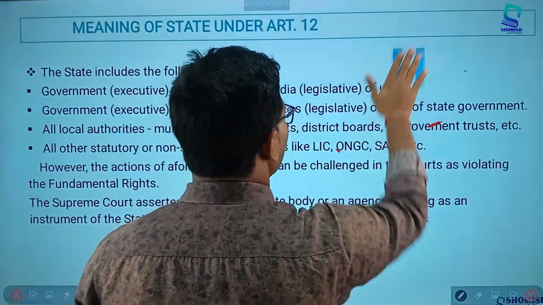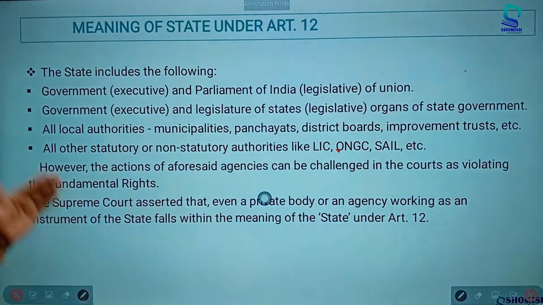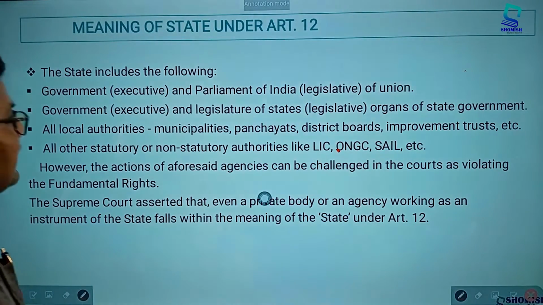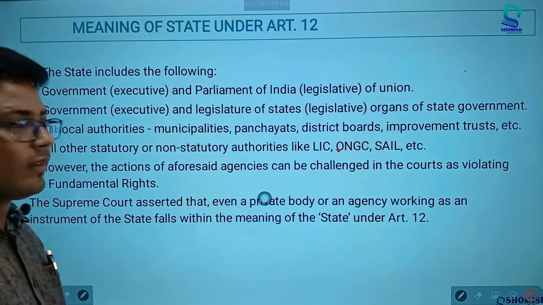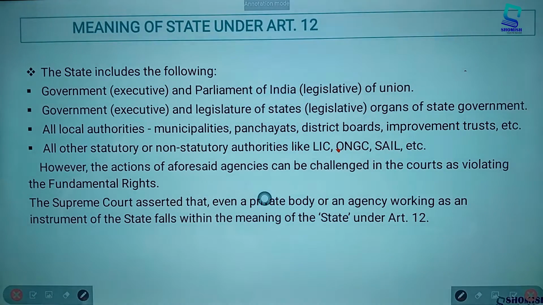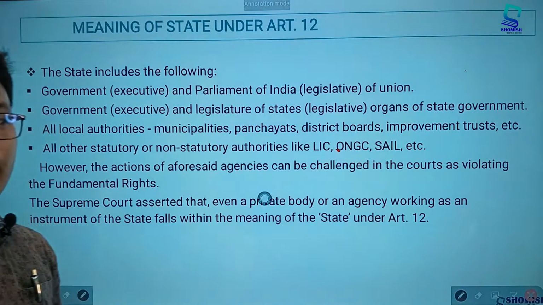Basically, Article 12 says the government, that is the executive and the legislature of the Union, how they are formed in India.